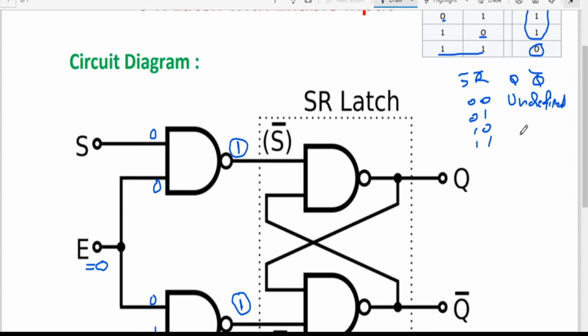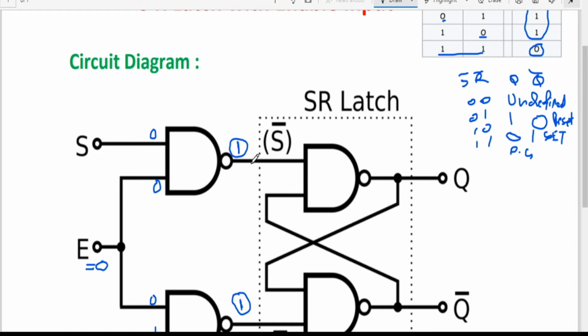When it is 0 1, the output is 1 0, and we call it a reset state. When it is 1 0, the output is 0 1, and we call it a set state. And when it is 1 1, we call it a previous state.